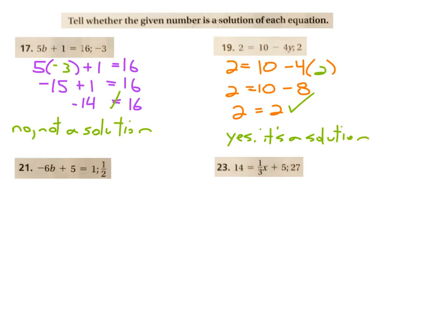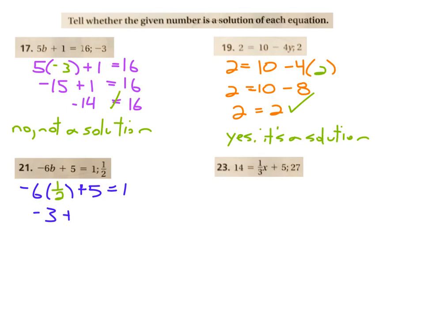And let's go to the rest of them. Number 21, -6 parentheses. We have the original equation written there. Okay, -6 parentheses plus 5 equals 1. What's the value they want us to use for b? They want us to use 1/2. And so when we simplify, we have to do the multiplication first. -6 times 1/2 is -3.